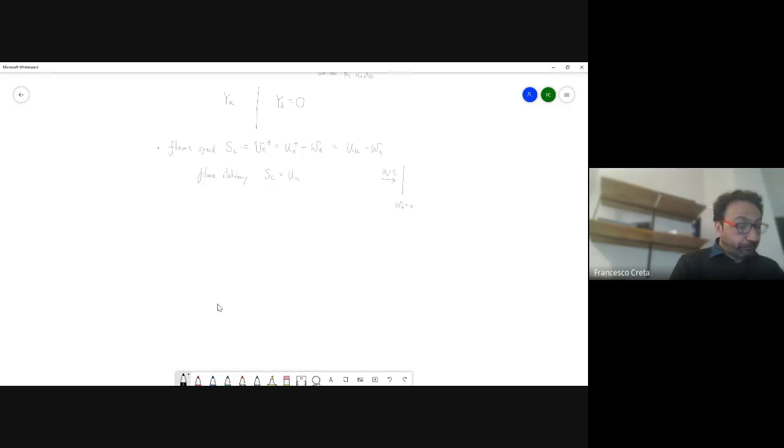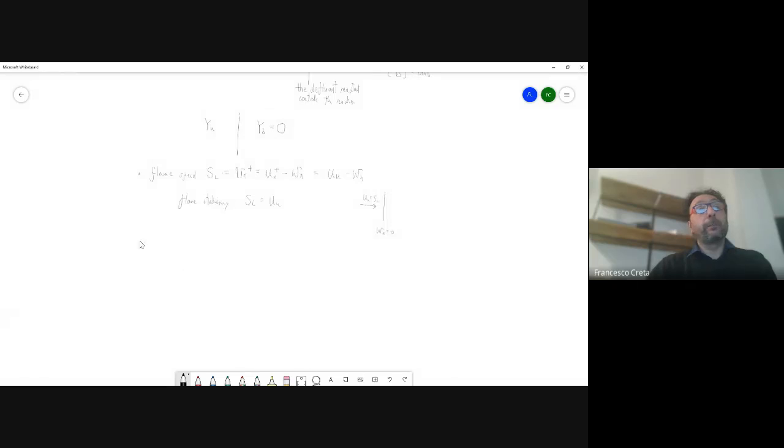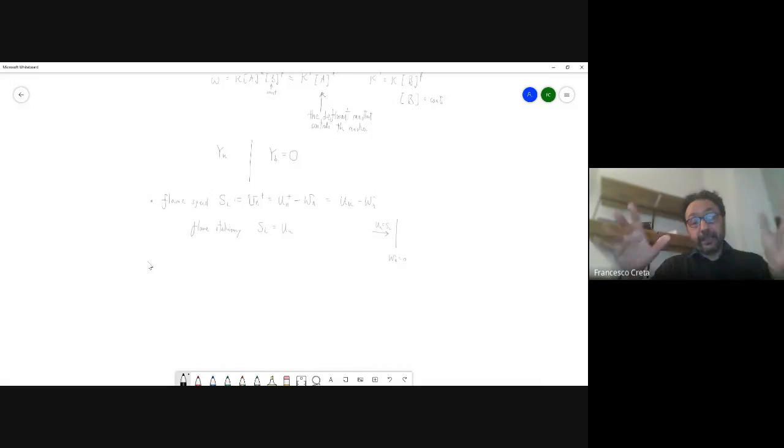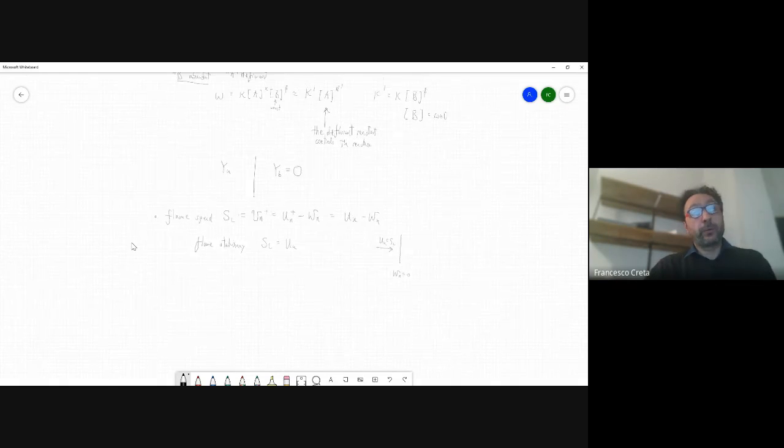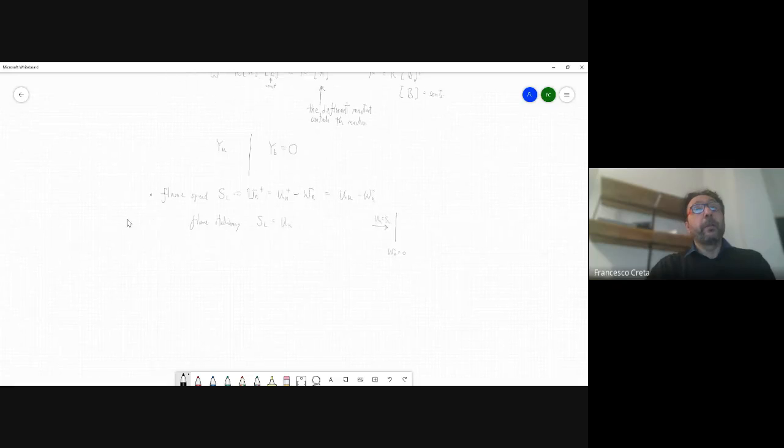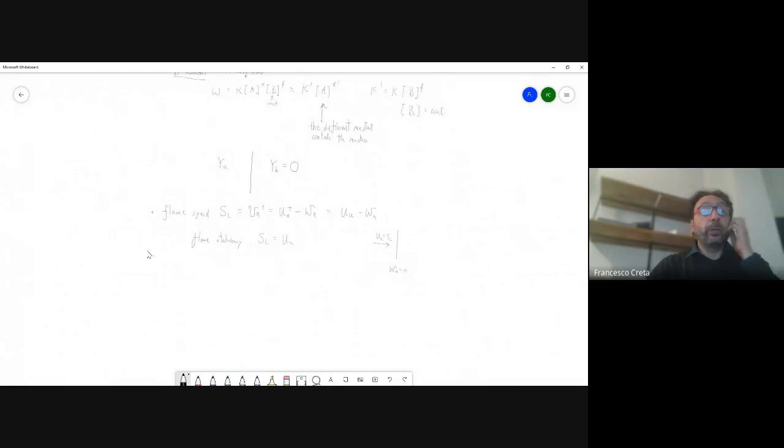So, as I said last time, I'm trying to set the stage for laminar flame theory. One thing that we defined was the deficient reactant. It's very useful to think of this flame as operating in off-stoichiometric conditions.